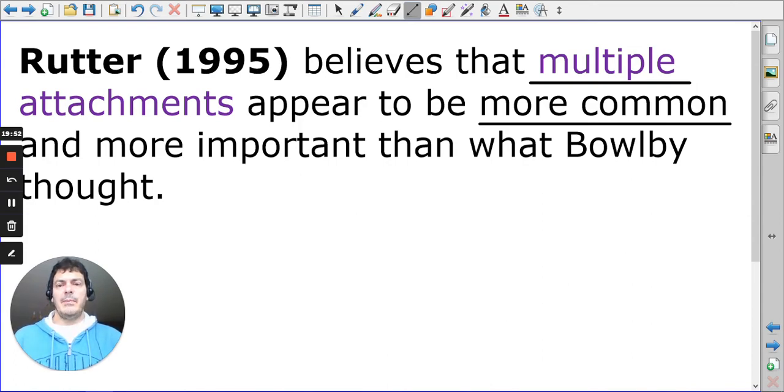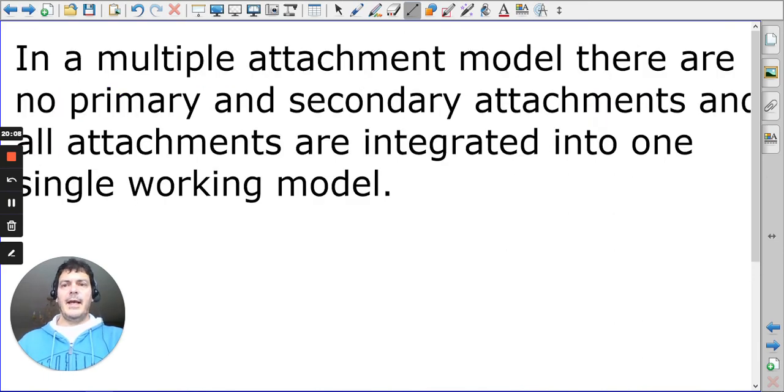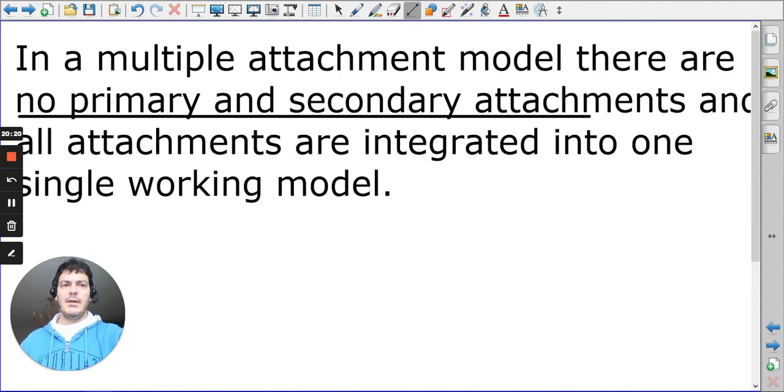However, many people, even in a single parent household, will have other people that interact with the baby in a meaningful way, from childminders to grandparents to siblings. And so Rutter does believe that multiple attachments are more common. And what we need to recognize is that this is a complete contrast to Bowlby, because it's saying that there are no primary and secondary attachments in terms of importance. Every attachment is important. That's what Rutter is telling us.